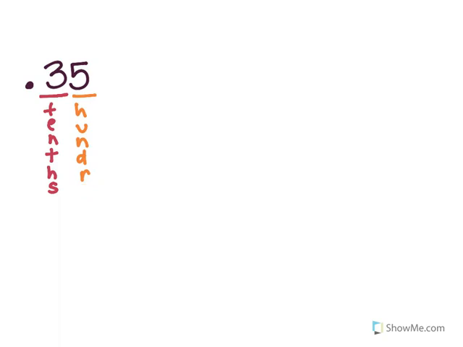So when I have a decimal like this, I have to look at what place it's in. So I can see right here, this is the tenths, and this is the hundredths place. Okay?